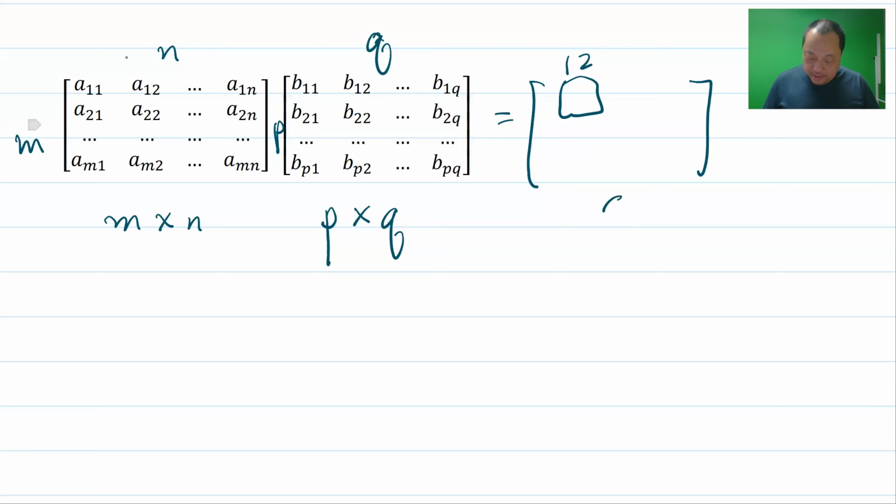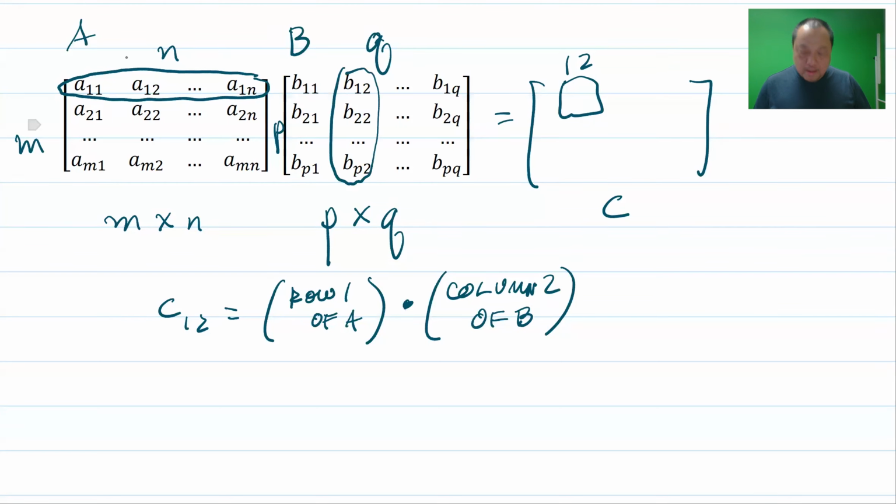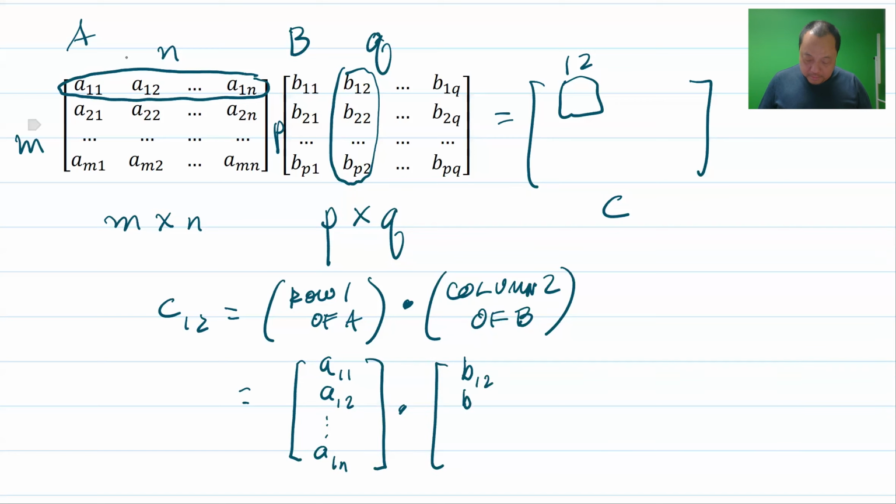Then this matrix C, C1,2, is equal to row 1 of A dot with column 2 of B. Let's call this A and let's call this B. That means I have A11, A12, all the way down to A1n, and I dot it with B12, B22, all the way down to Bp2 of B. And how do I take the dot product of two vectors?